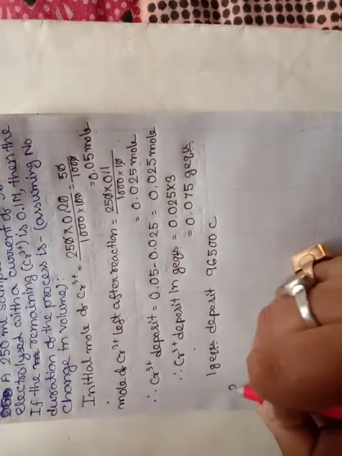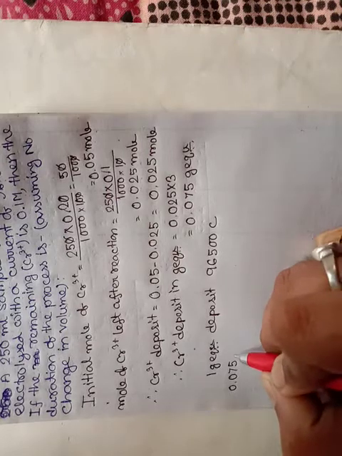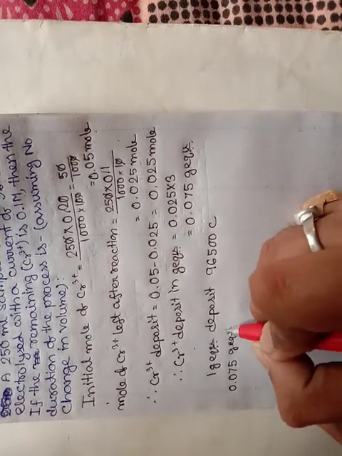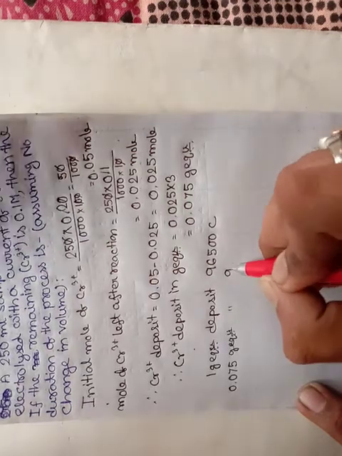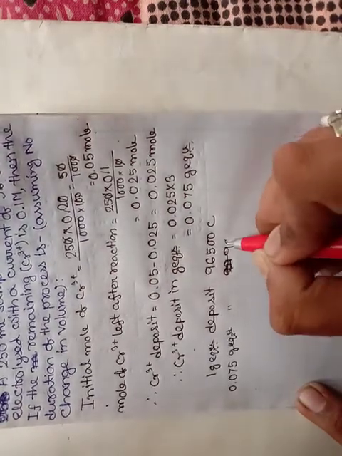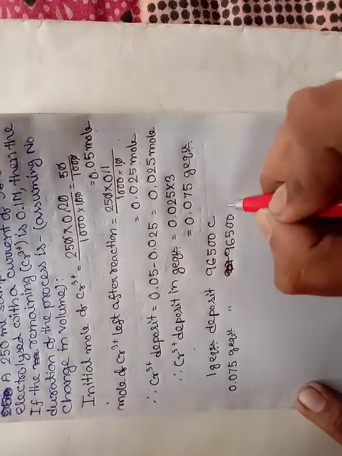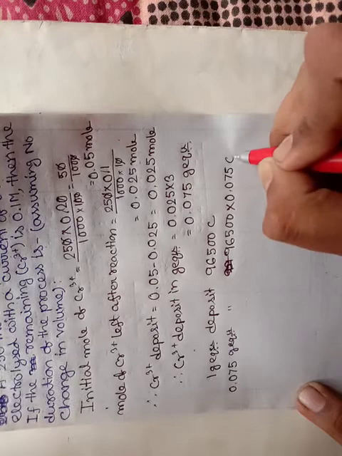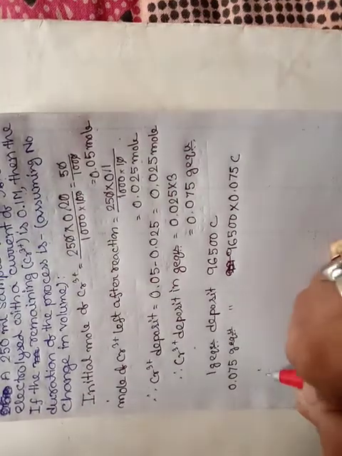Therefore 0.075 gram equivalent deposits with 96500 into 0.075 coulomb.